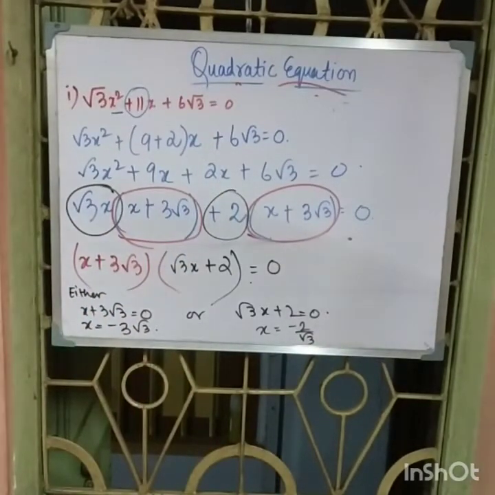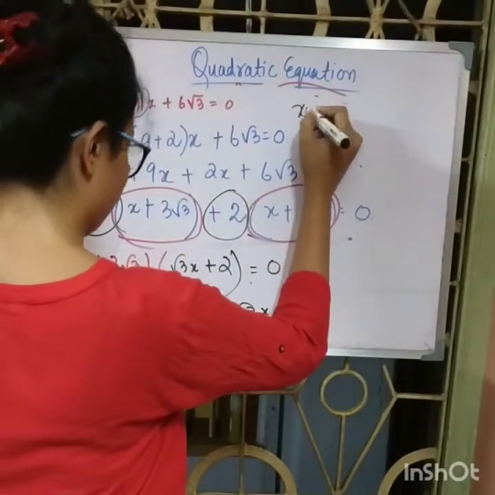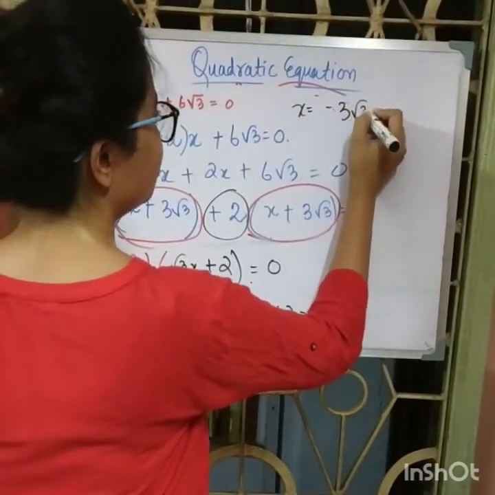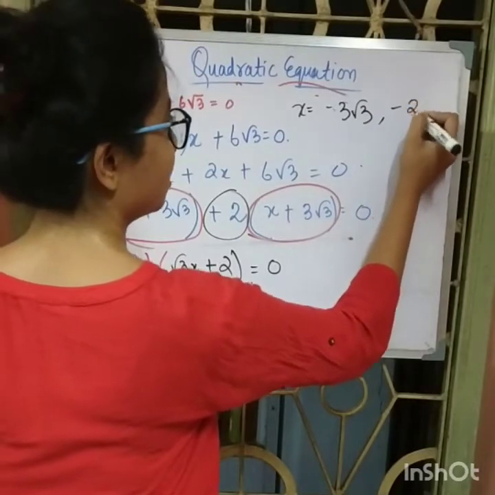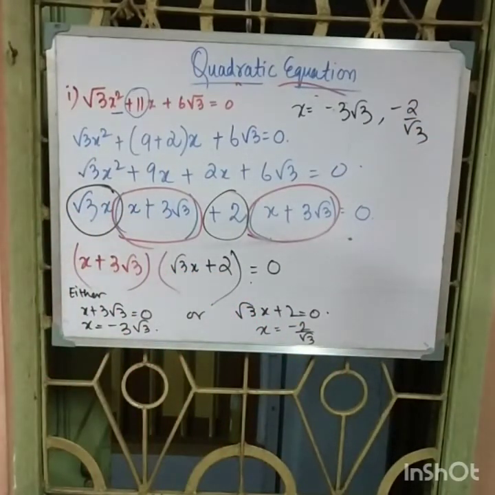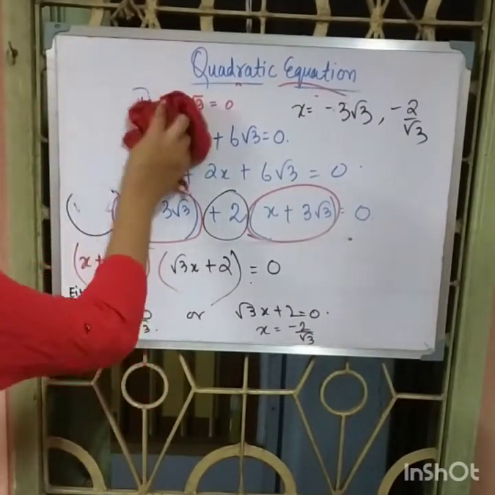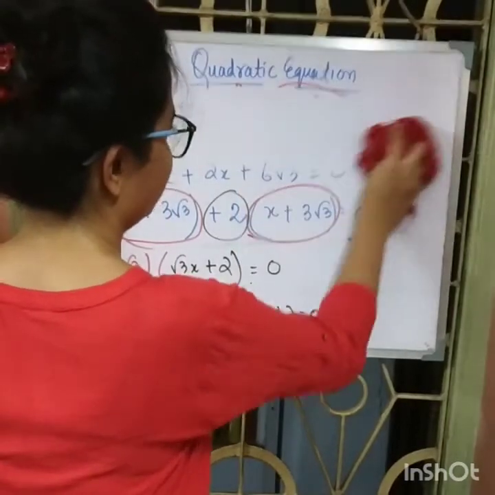I hope it's clear. So this equation has two solutions: one is x equal to minus 3 root 3 and another one is minus 2 by root 3. Solved using the middle term factorization method, the same process we are using again and again. Hope it's clear. So let's solve another equation.